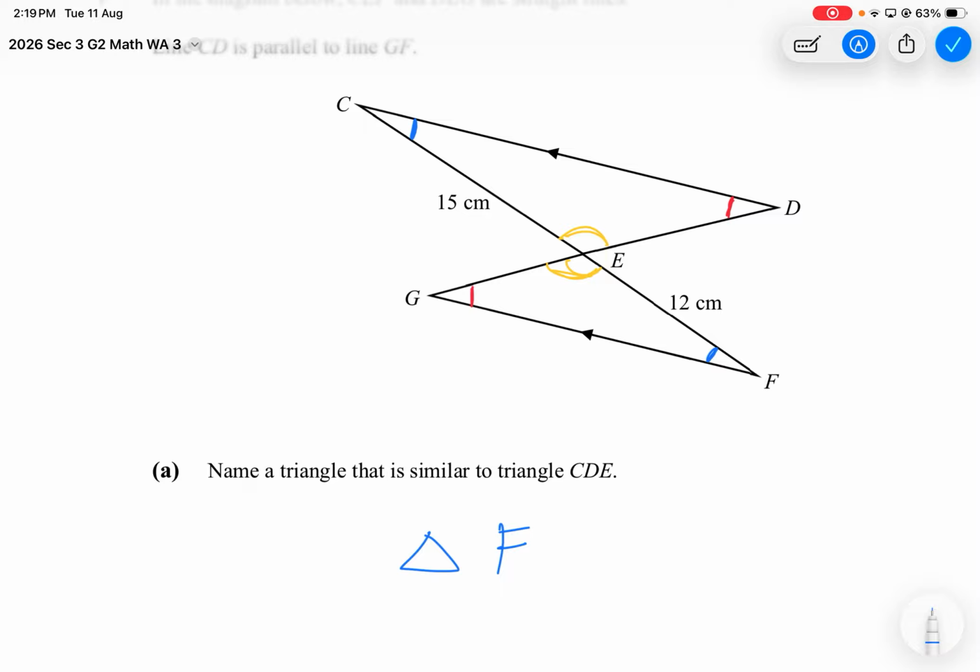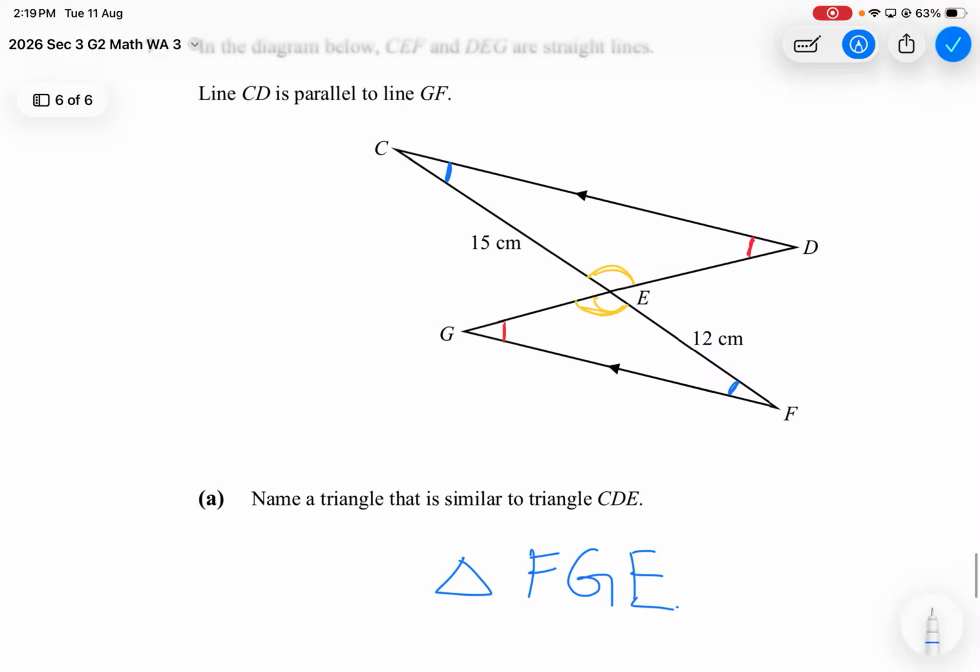D corresponds to G, so second point must be G. E corresponds to E. So my corresponding triangle is FGE. CDE, FGE. Okay? The naming must correspond.